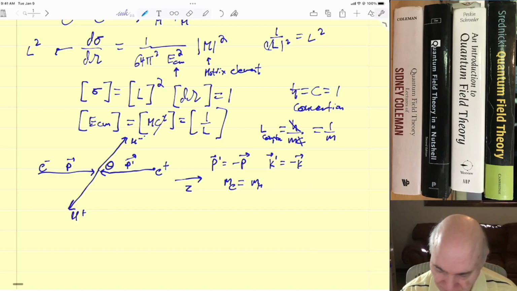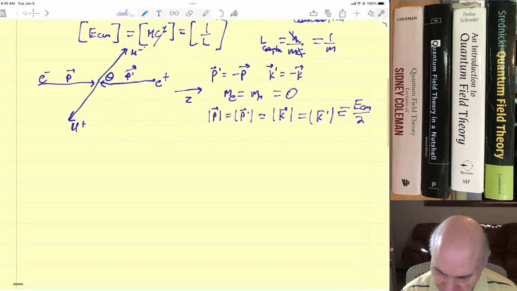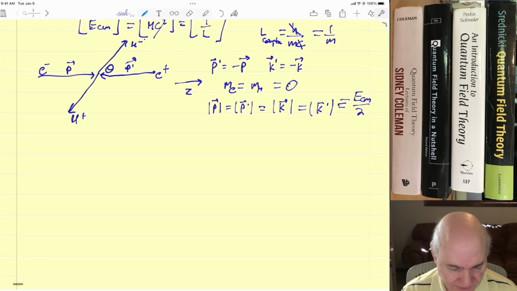The rest masses of the electron and the muon are 0, so we don't have to take them into account. And so the magnitude of P, which is equal to the magnitude of P prime, is going to be equal to the magnitude of K prime, is just equal to the center of mass energy over 2. That's the definition.